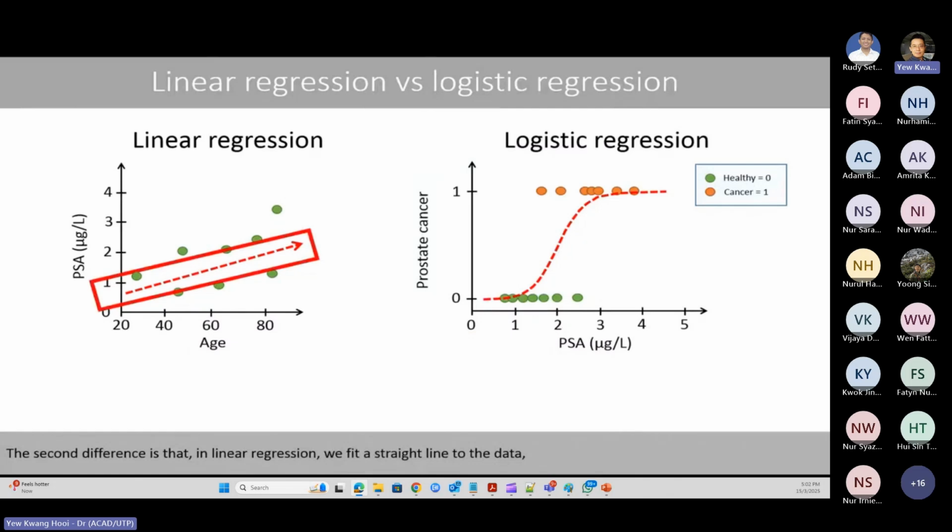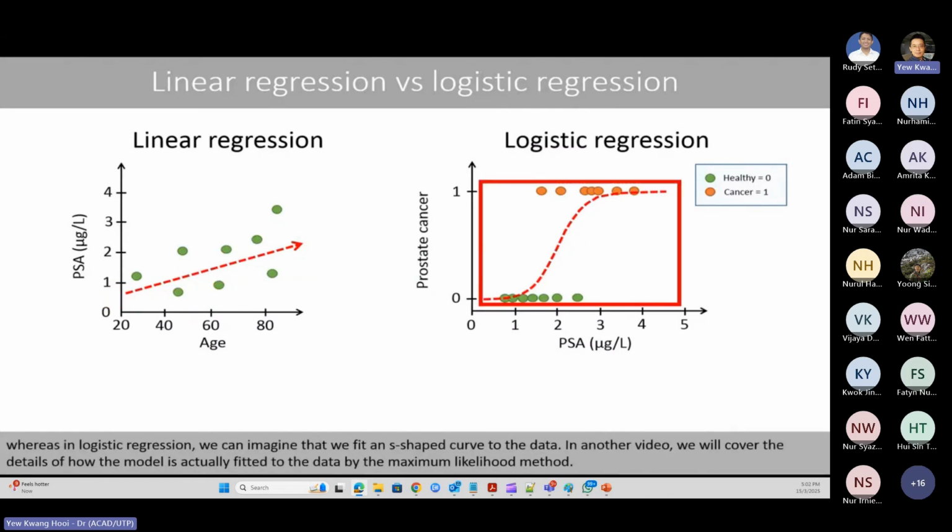The second difference is that in linear regression, we fit a straight line to the data, whereas in logistic regression, we can imagine that we fit an S-shaped curve to the data. In another video, we'll cover the details of how the model is actually fitted to the data by the maximum likelihood method.